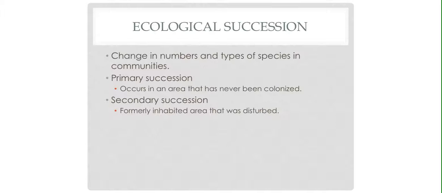There's a great example of secondary succession. If you go out of Lakeview towards Sac, I don't know directions, but if you go towards Sac, I want to say that's like north. That's definitely wrong, I think. It doesn't matter.